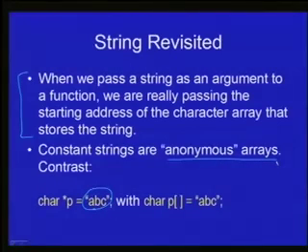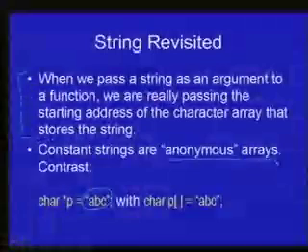So, when we use a constant string in the program, the compiler creates some space somewhere in the memory which contains that string, and the value of the constant string expression is nothing but the starting address of that array.